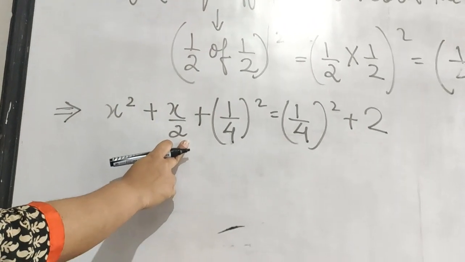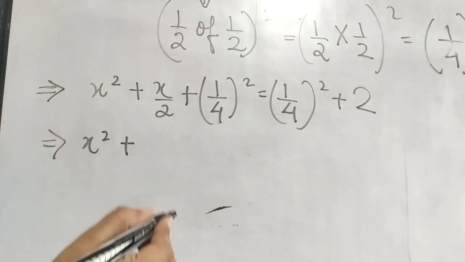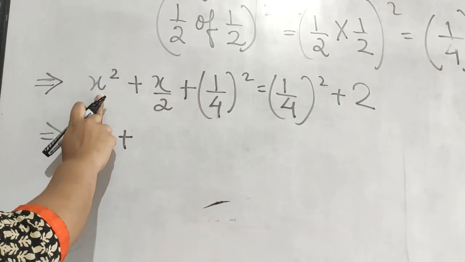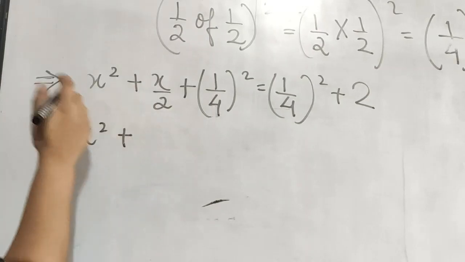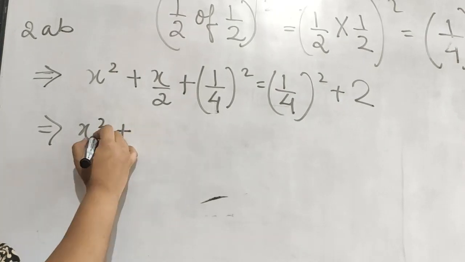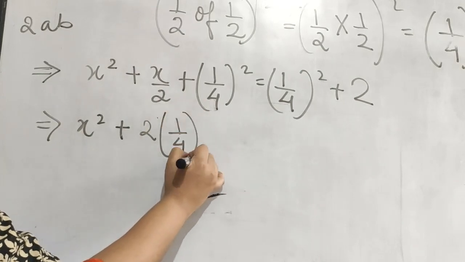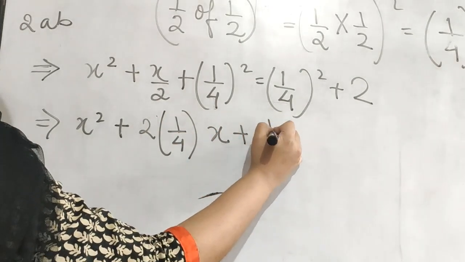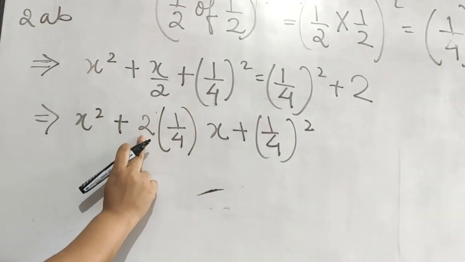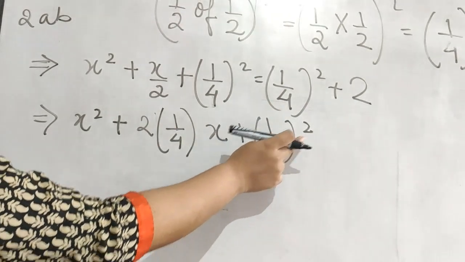Simply we are going to write this as x square plus, now what is the formula of a plus b whole square? a square plus 2ab plus b square. b square we have, and the middle term we have to turn into 2ab. So over here we are going to write x square plus 2 into 1 by 4 of x plus 1 by 4 whole square. So we get a square plus 2ab, where a is x, b is 1 by 4, plus b whole square.